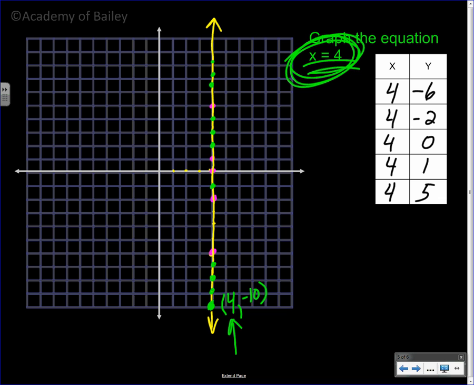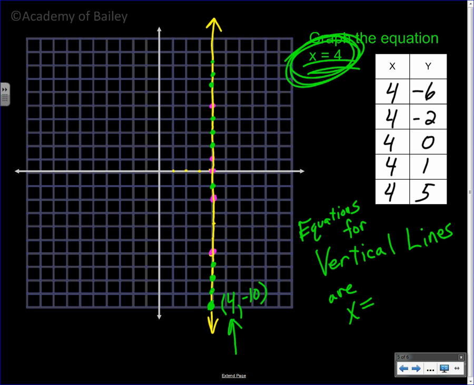So vertical lines, there's something you should memorize, you should remember. The equations for vertical lines are x equals something.